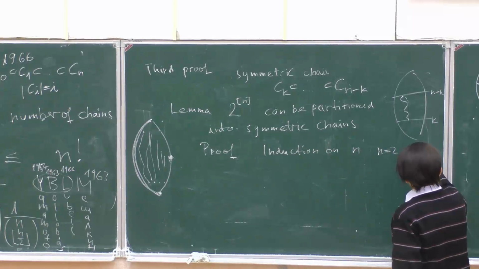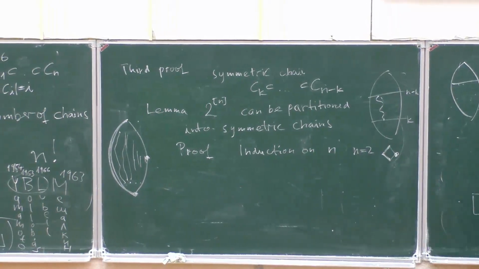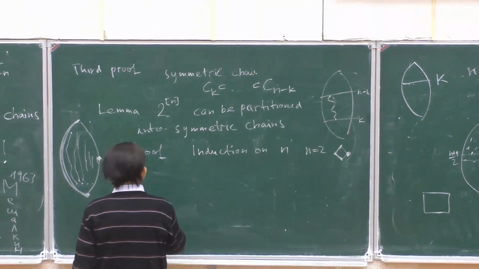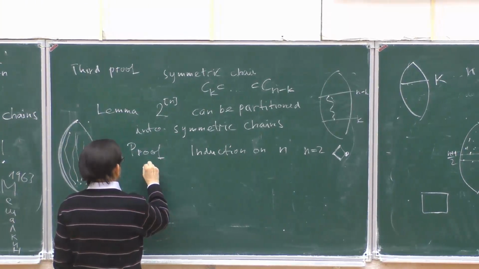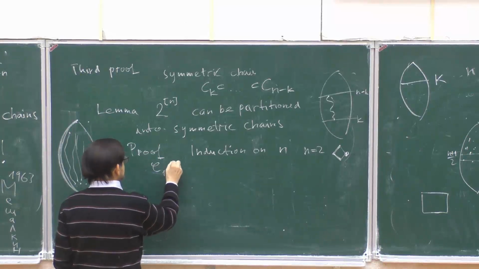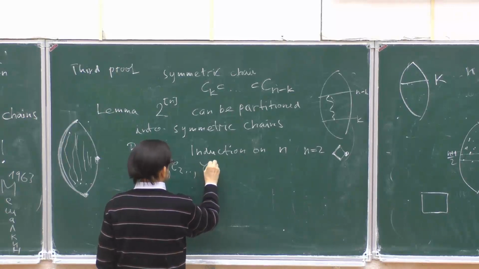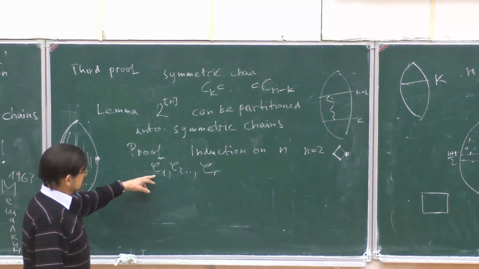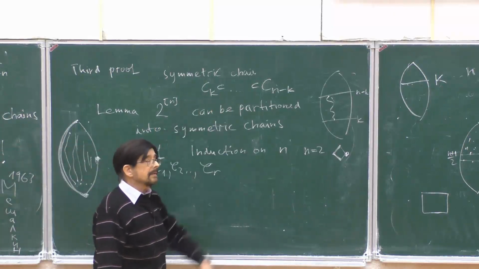So take n equals 2, then we have this chain and the one-element chain. Now suppose that C1, C2, up to C_r. I prefer to use this notation, the script letters for families. So these are also families.